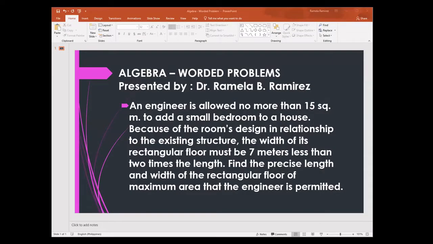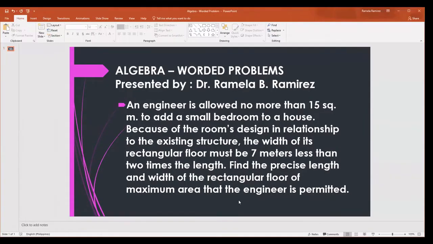According to the problem, we have an engineer who was allowed to add a small bedroom to a house, but it should not be more than 15 square meters. So the engineer was allowed no more than 15 square meters to add a small bedroom to a house.